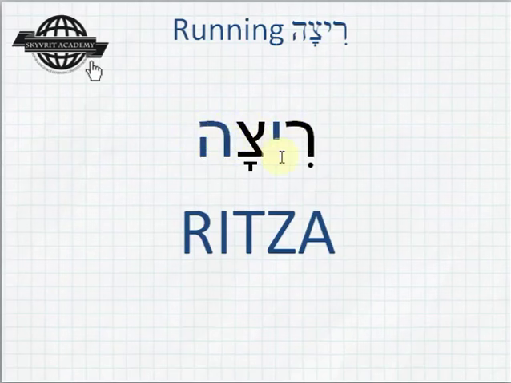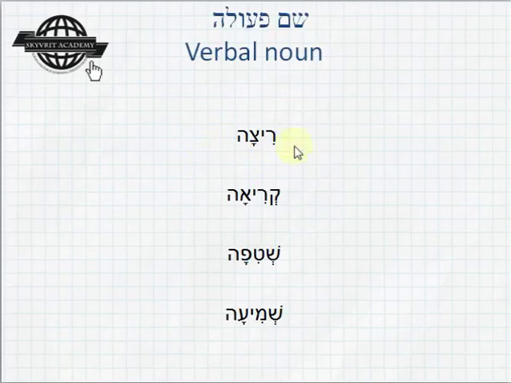Thanks to the yud and the hey, we get this pronunciation, ri-tza. You can also see, as part of the group itself, that all the verbs are pretty much the same in terms of sound. We can hear ritza, kri'a, shtifa, shmi'a.